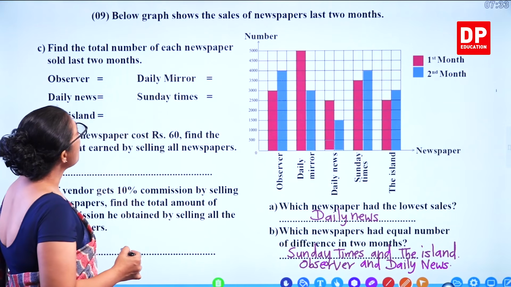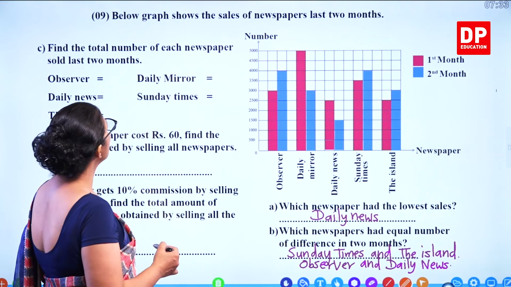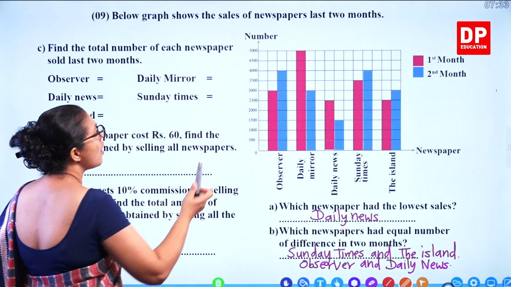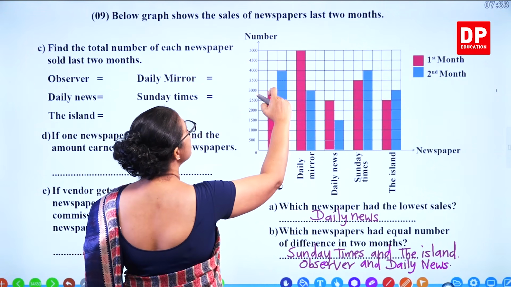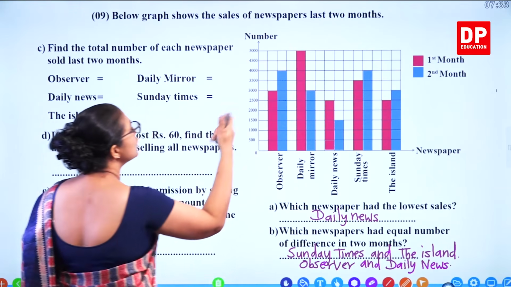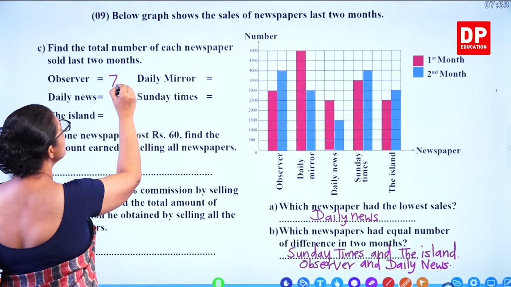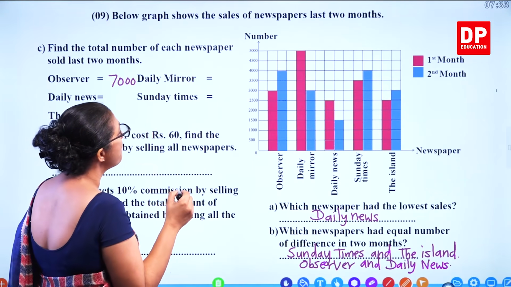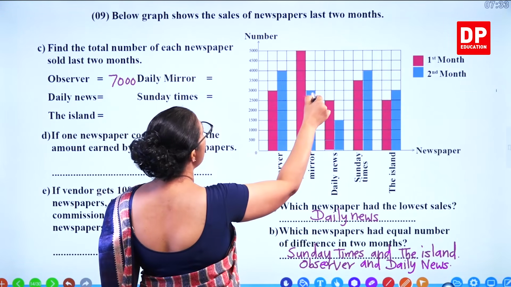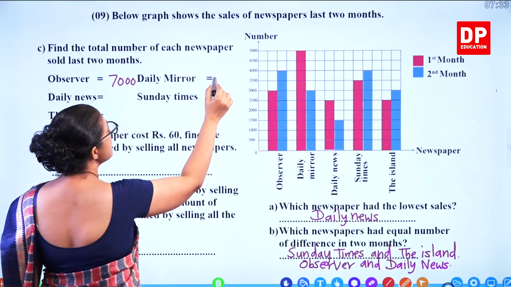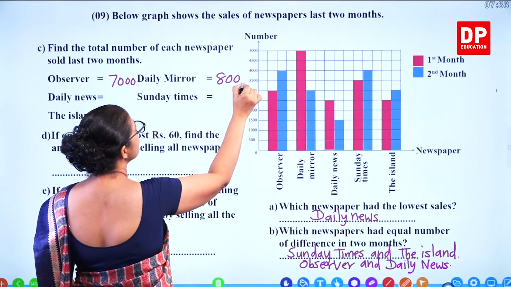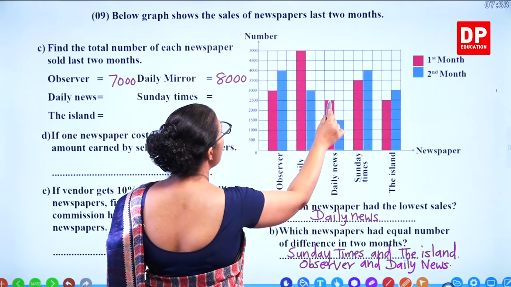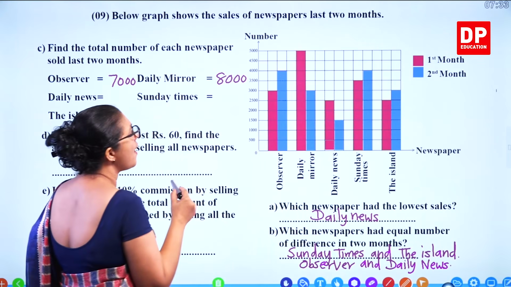Find the total number of each newspaper sold in the last 2 months. Observer, so you have to count both. This is 3,000, 4,000. So altogether 7,000. Daily Mirror, 5,000 here and 3,000. That's 8,000. Daily News, 2,500 and 1,500.